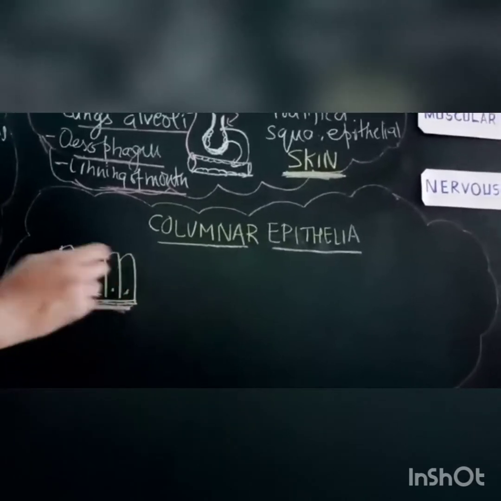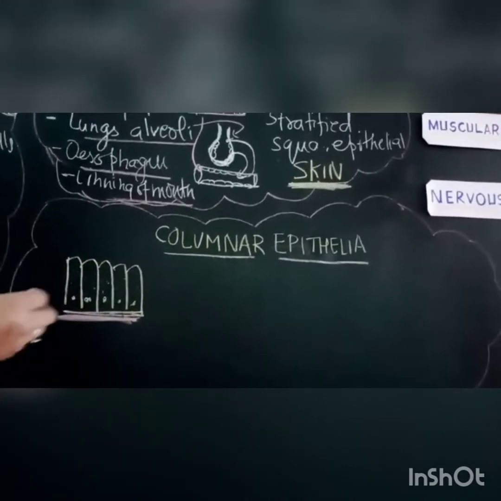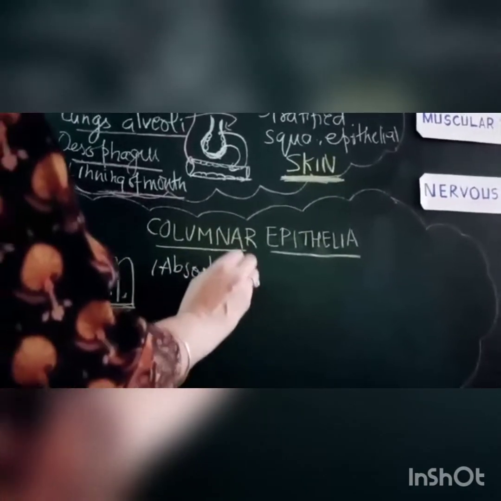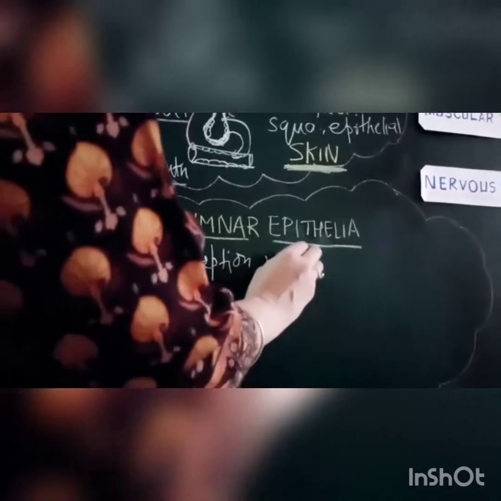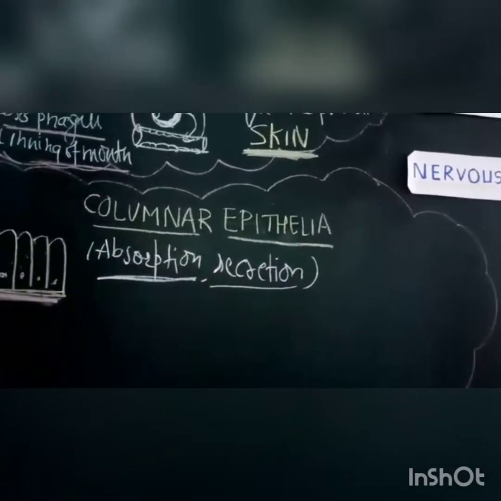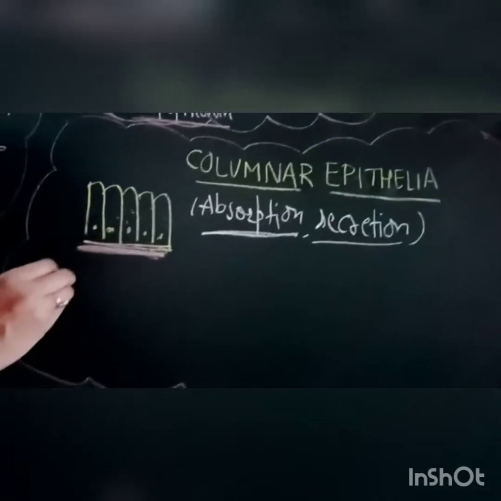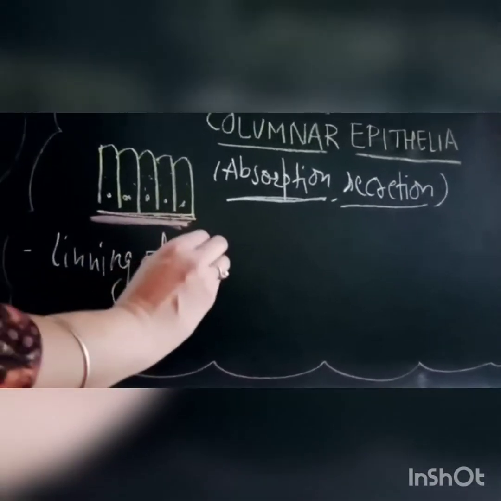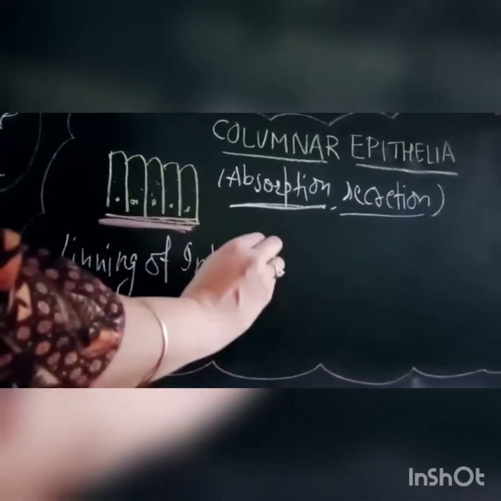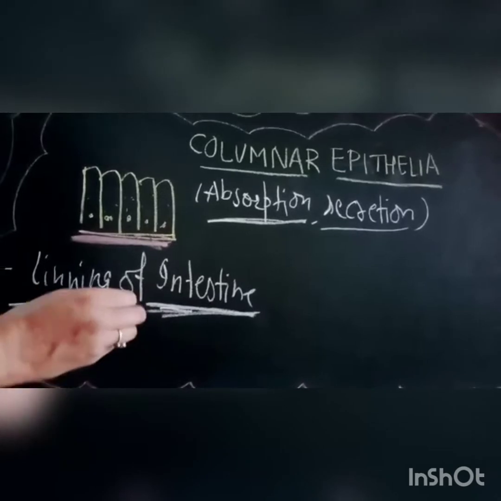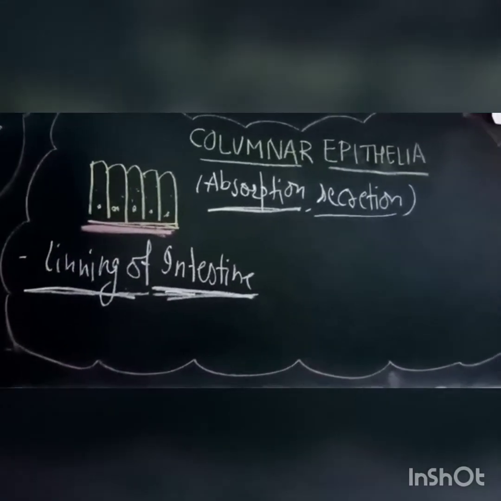Now these columnar epithelial cells mainly perform the function of absorption and secretion. They are mainly present in the lining of intestine, where the digestion of the food is being completed and the absorption of the food into the blood has to be there.